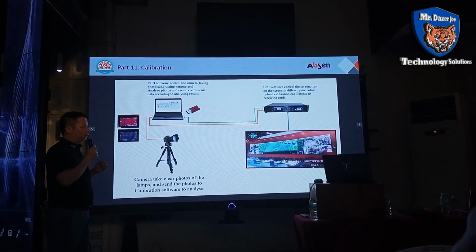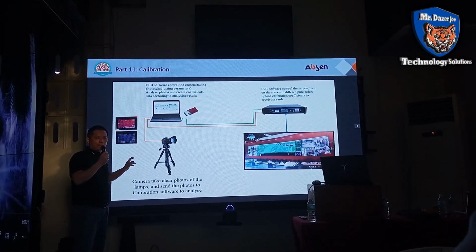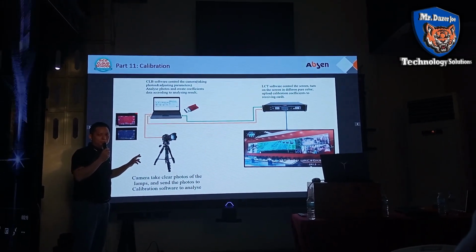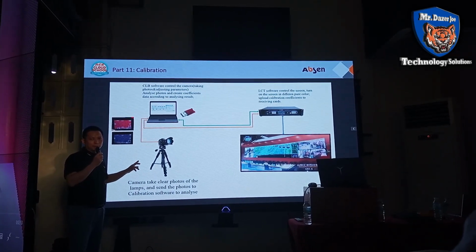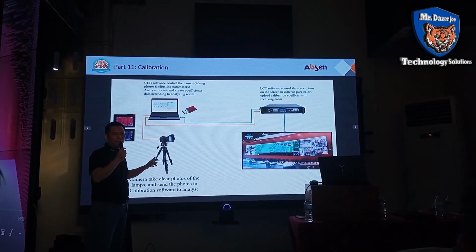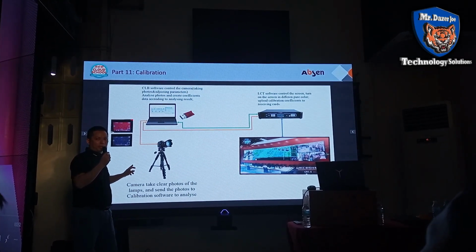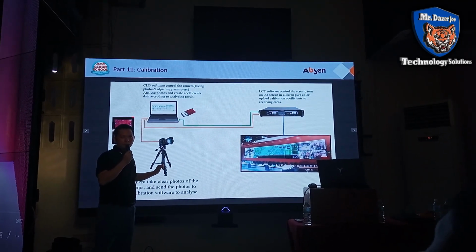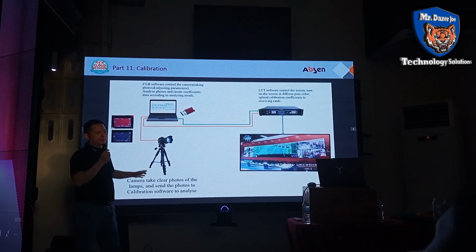As we know, for white balance, when the LED lamp displays white color, the brightness of the red chip is 30%, for the green it is 60%, for the blue it is 10%. So when the brightness of RGB is 3 versus 6 versus 1, we call it white balance. White balance means that the white color is perfect.